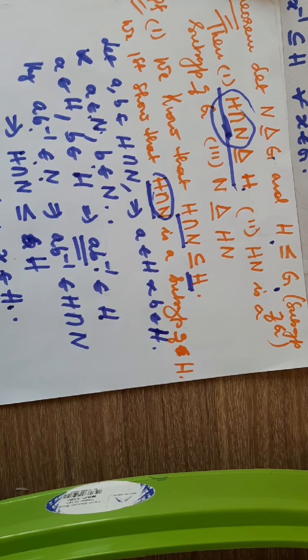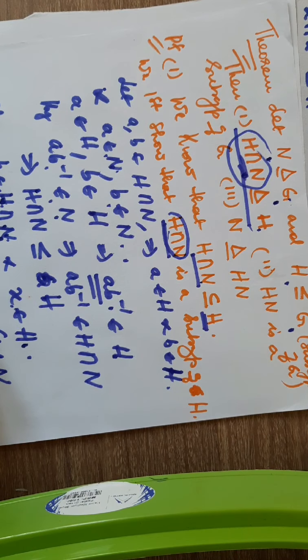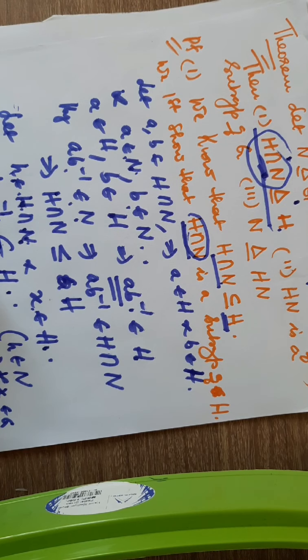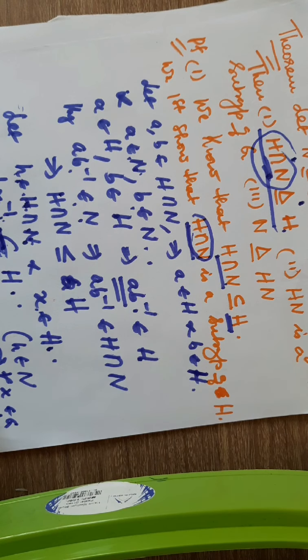Here k is an element of N also because k belongs to their intersection. So k belongs to N will imply that for every x in G, x k x inverse will belong to N. Why? Because N is a normal subgroup of G. So it implies that x k x inverse also belongs to N. So from these two it implies that x k x inverse belongs to their intersection, which means that H intersection N is a normal subgroup of H.